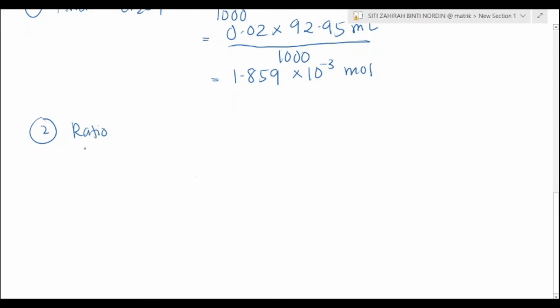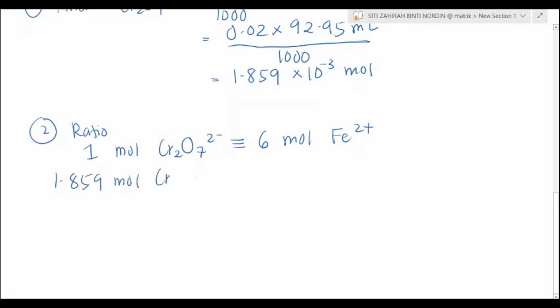So 1.859 times 10 to the power of minus 3 mole Cr2O7 2 minus is equivalent to 1.1154 times 10 to the power of minus 2 mole Fe2 plus.